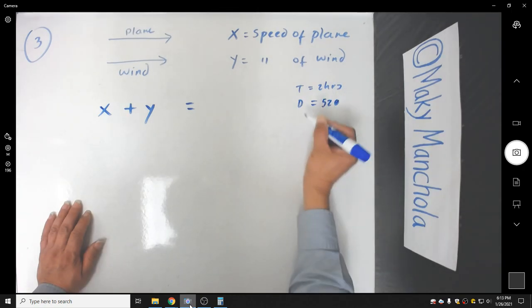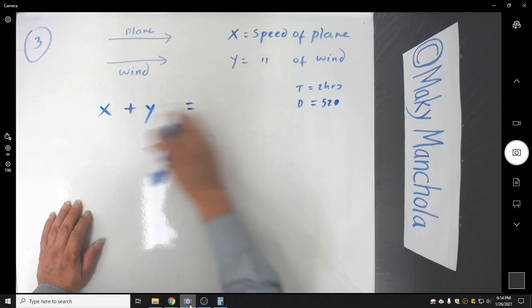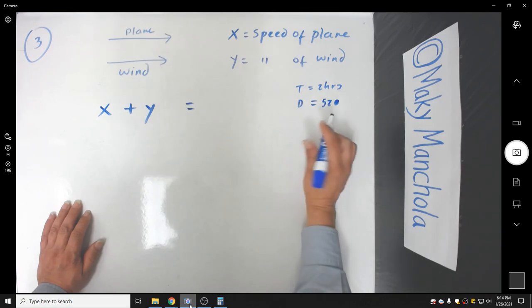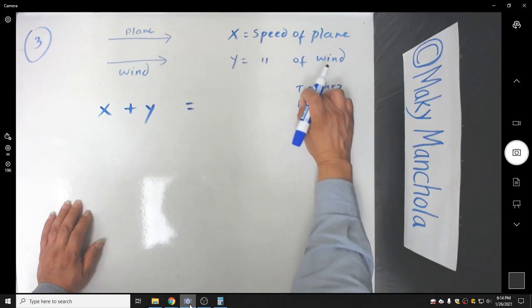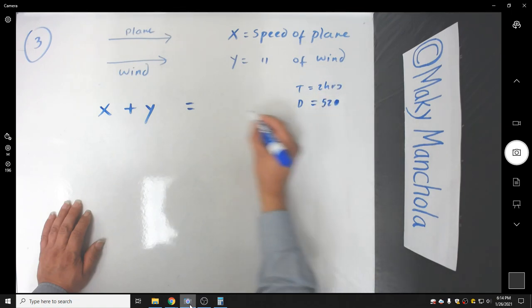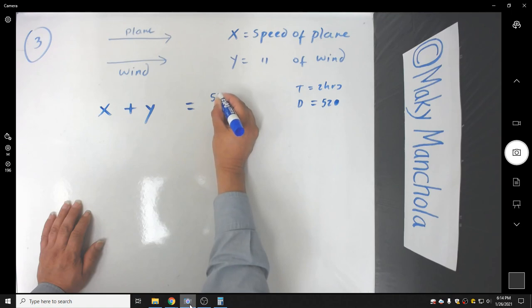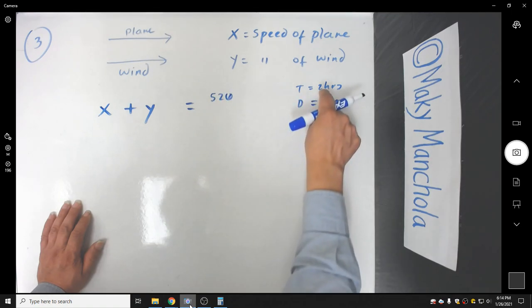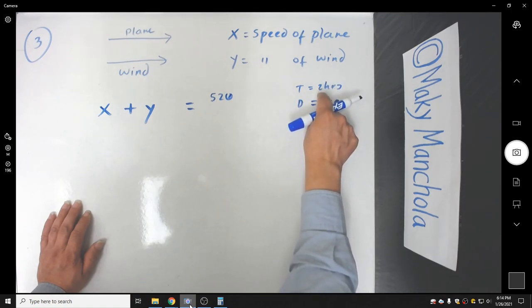So that means the speed of that trip was distance over time, which is 520 over 2, not over 6, over 2.